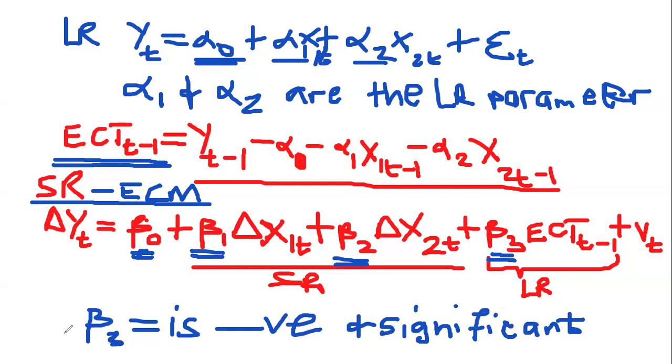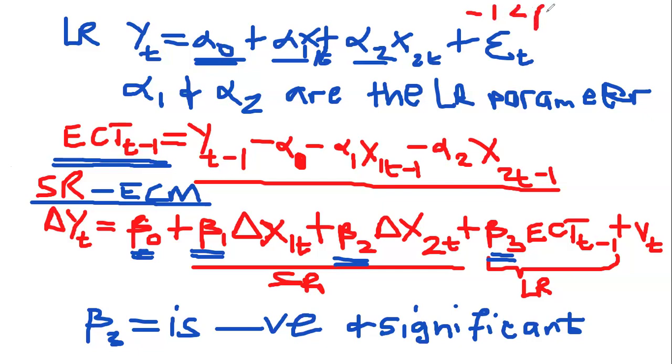So the beta 3, the coefficient of the error correction term, is supposed to be negative and significant for it to have economic meaning. The other thing that I can add here is that beta 3 must actually lie between -1 and 0.